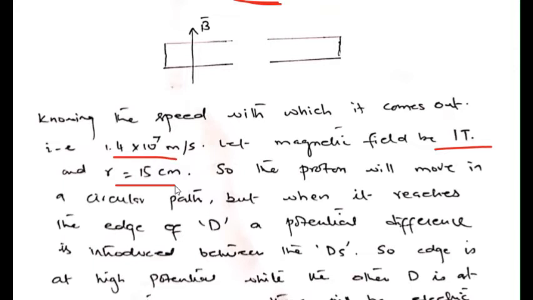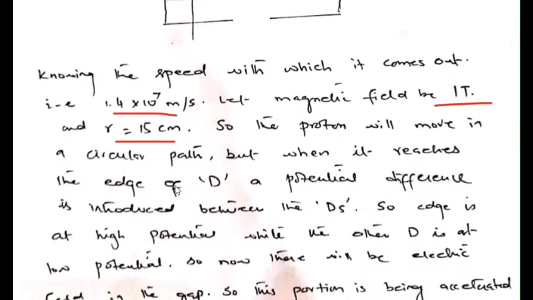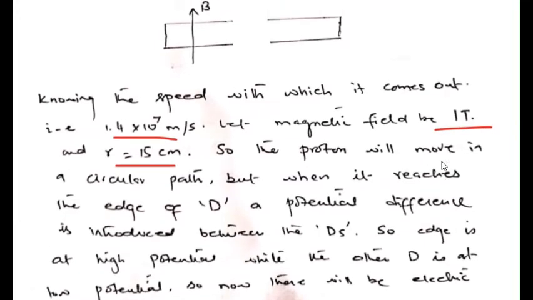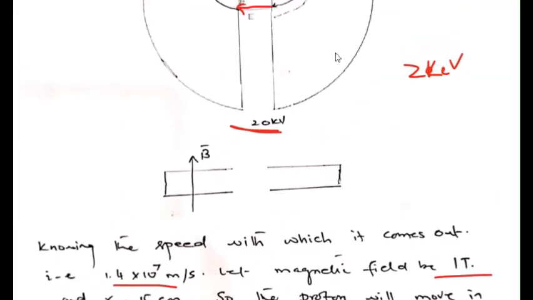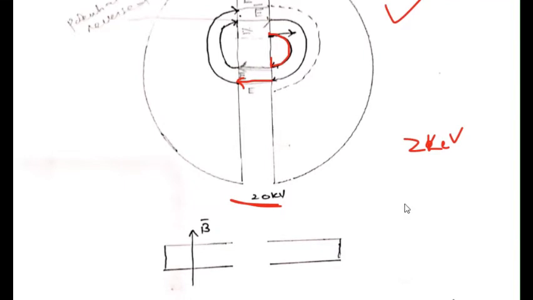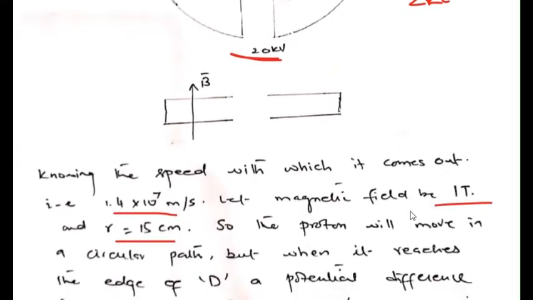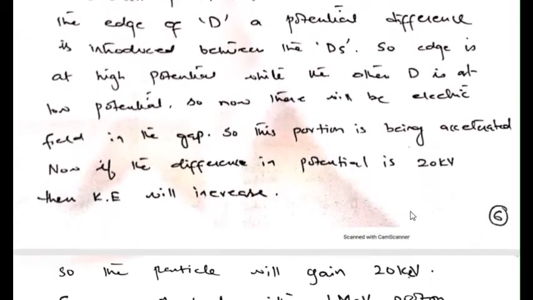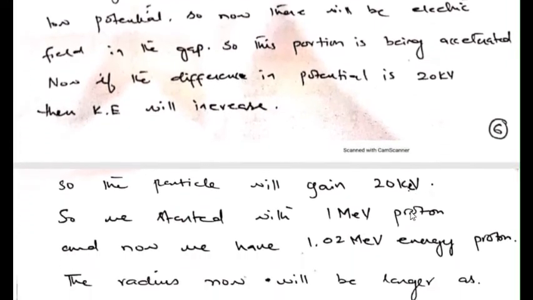So the proton will move in a circular path, but when it reaches the edge of the D, a potential difference is introduced between the Ds. The edge at which the proton has reached is at higher potential than the other edge of the D towards which it is moving. After gaining certain energy, I just want to check the value of the energy that it has gained.